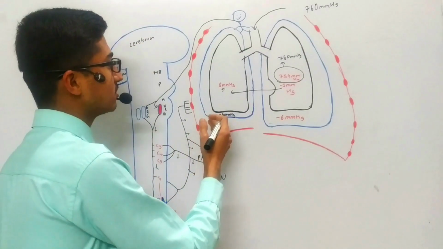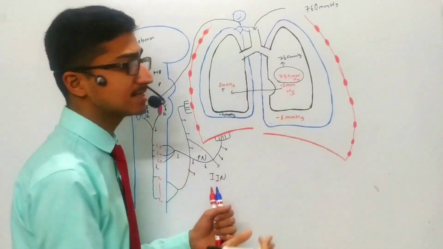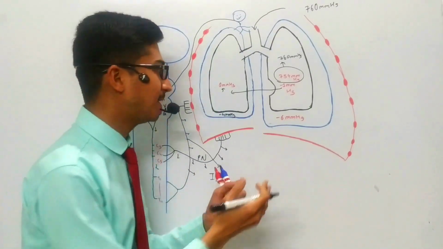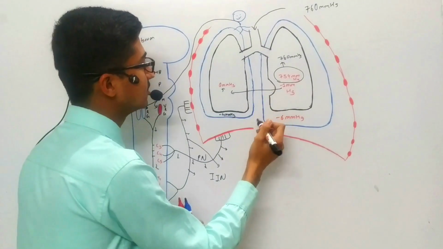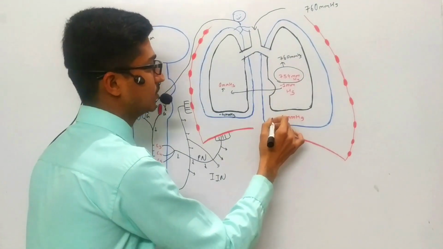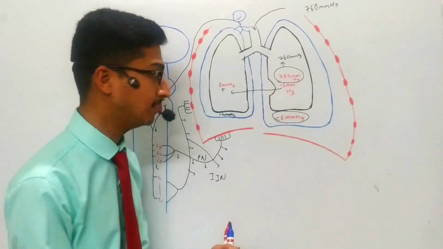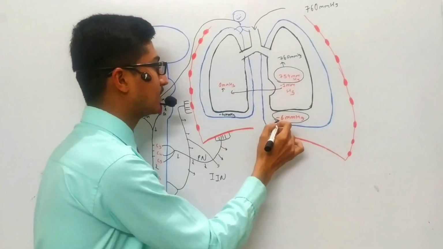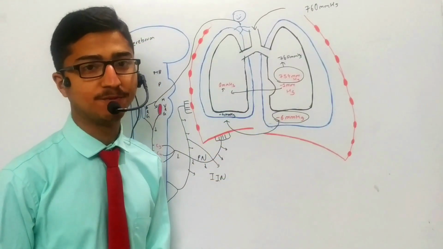Now let us focus on pressure and volume changes. As the volume starts decreasing, the pressure starts building up. The intrapleural pressure, which was about -6 mm of mercury during inspiration, will again move to -4, the pre-inspiratory pressure.